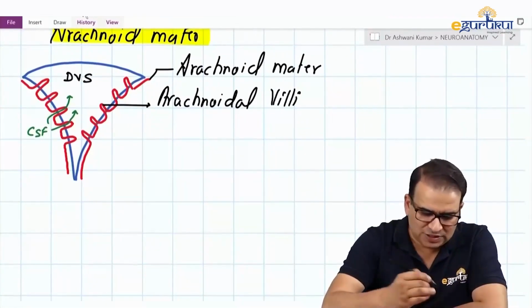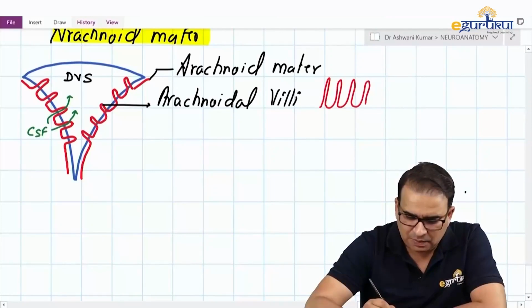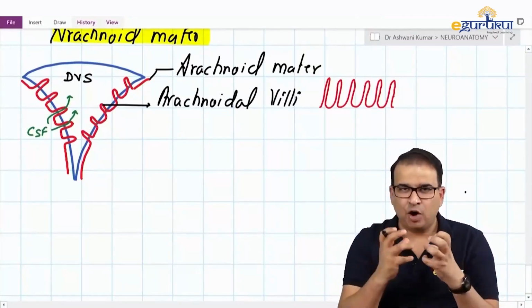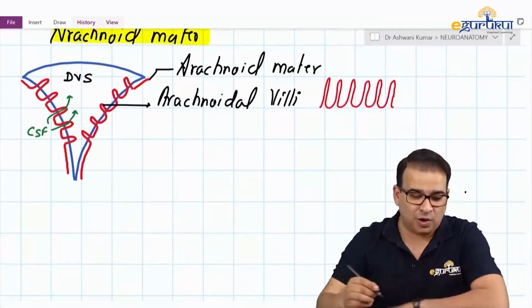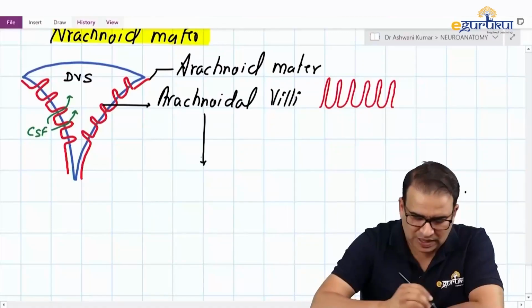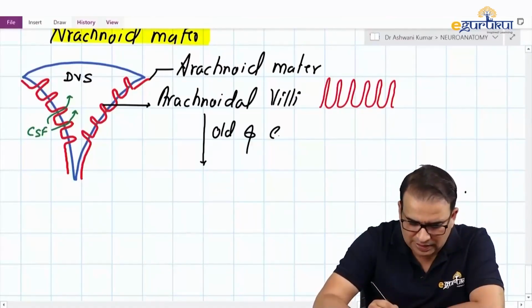Now when you say the word villi, obviously villi are finger-like projections. So if I draw it like this, these are the arachnoidal villi. But with increasing age, many arachnoidal villi come close to each other and form a granular mass, which is called arachnoidal granulation. So with age, they get old and they get clustered.